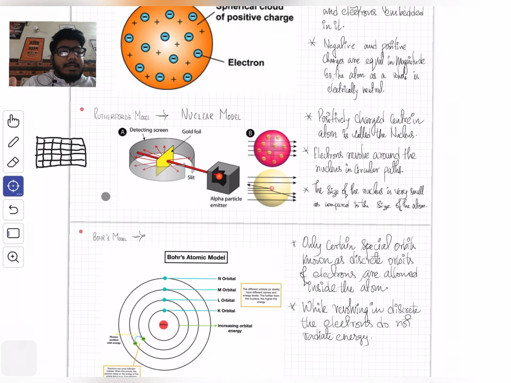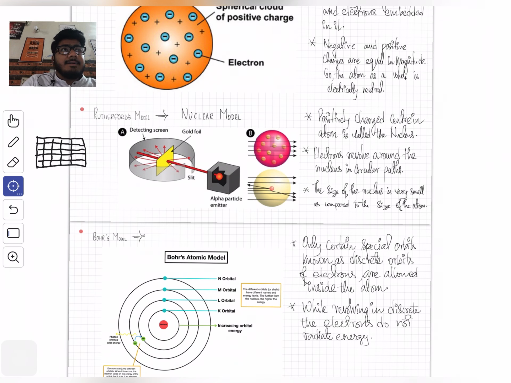So he conducted this experiment and found that the positively charged center in the atom was very small, very minute in area. Then he considered this place as the nucleus. He also found that the electrons revolved around the nucleus in circular paths, and that the size of the nucleus was very small as compared to the size of the atom.